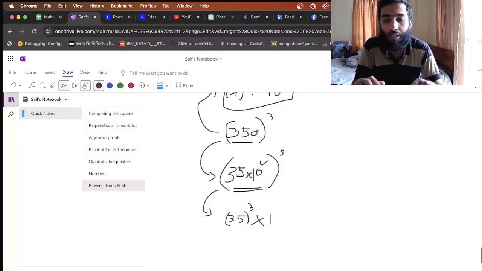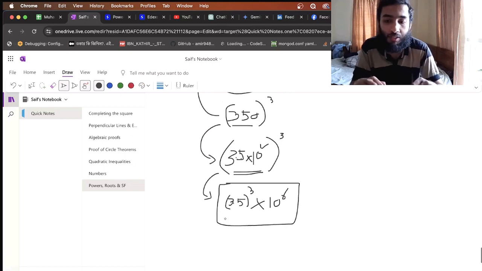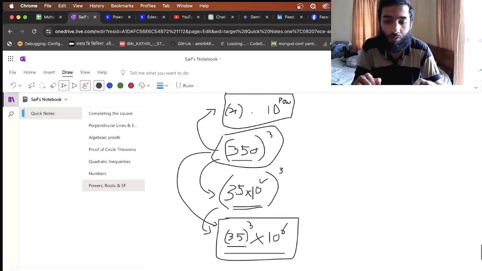When we have a power over a power, these two powers multiply, so it would be 3 multiplied by 2, which is 6. This is the standard form representation of the number 350 cubed. Whatever the value of 3.5 cubed is, you can use a calculator. This is how you transform this number into standard form.